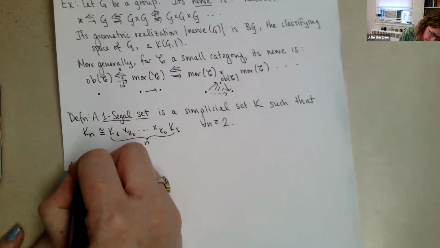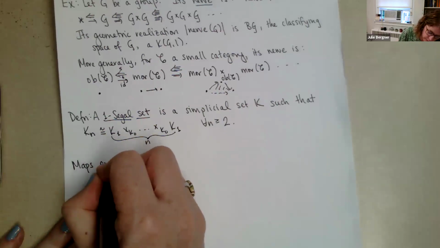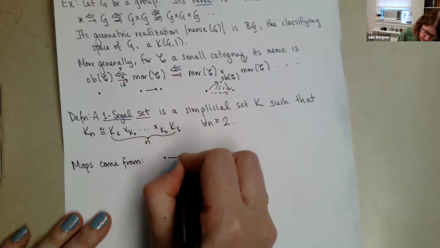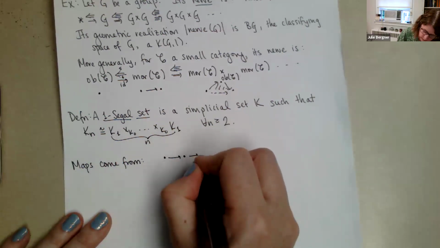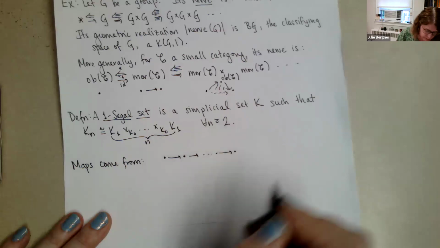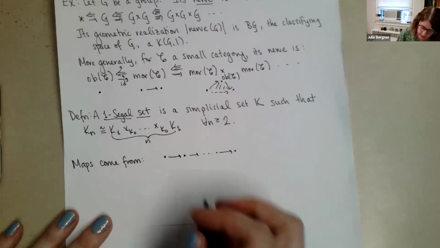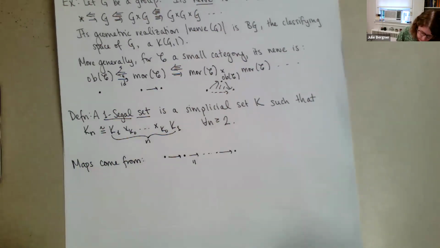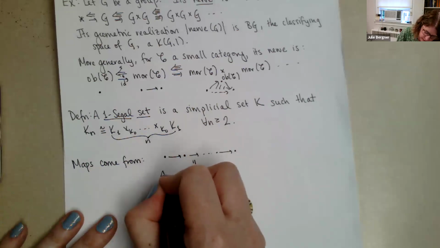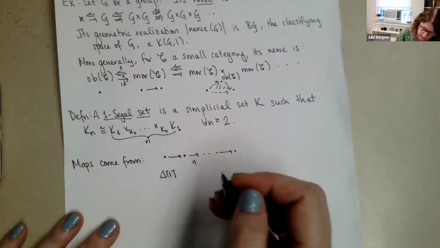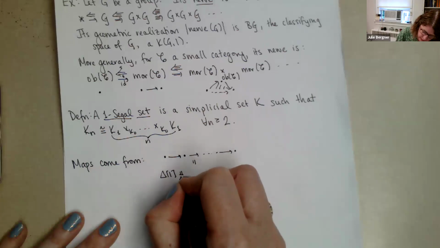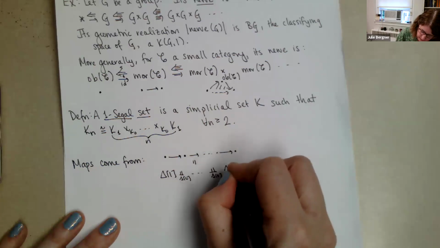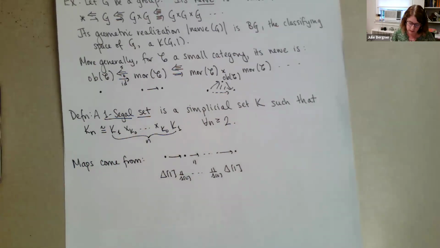So these maps come from this string of n composable morphisms, which is a simplicial set. I can think of it as taking the 1-simplex and then taking a pushout of a bunch of 1-simplices that agree along 0-simplices.